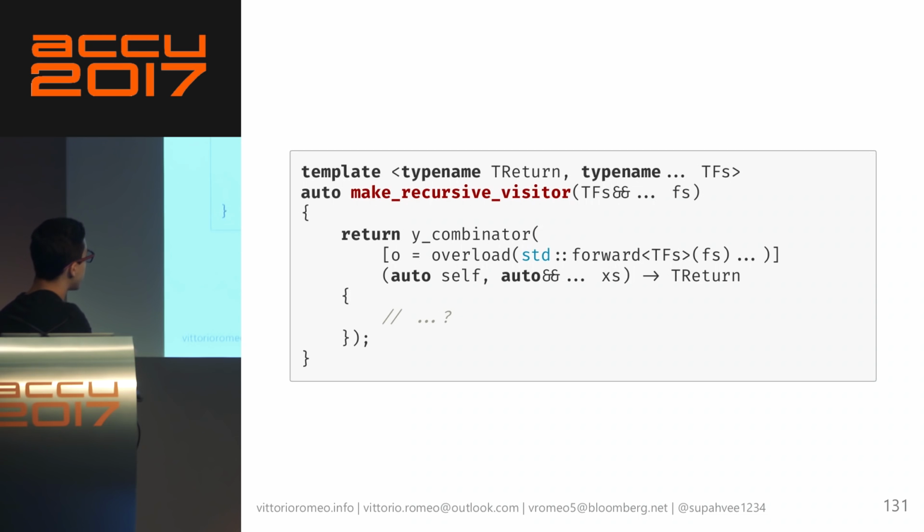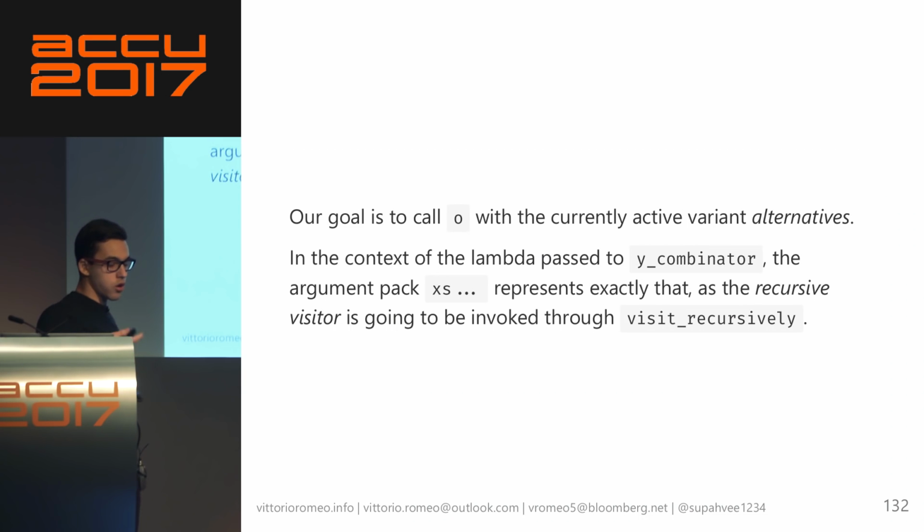And everything is basically containing this perfect forwarding lambda that gives us the means to perform recursion with this self argument. So our goal is to call O, which is the overload we created, with the currently active variant alternatives.